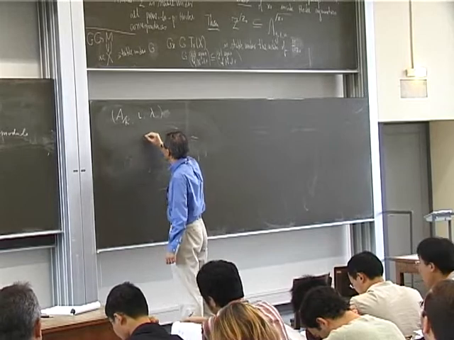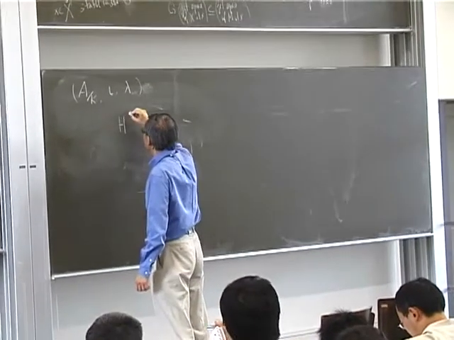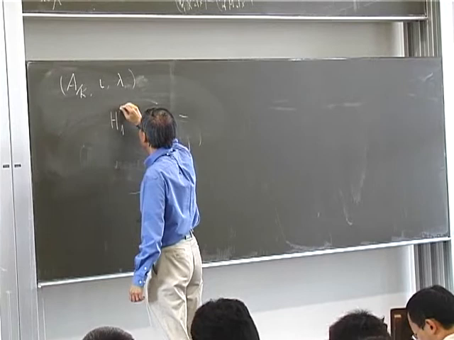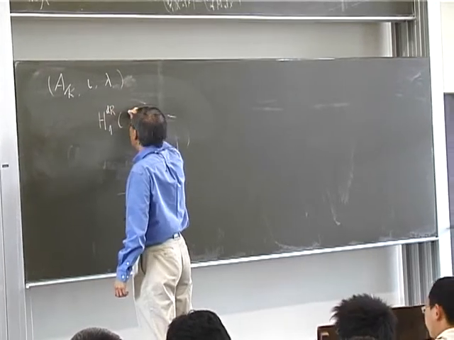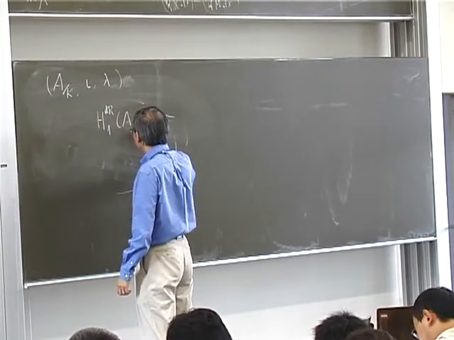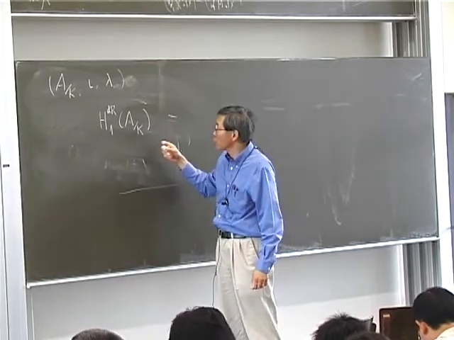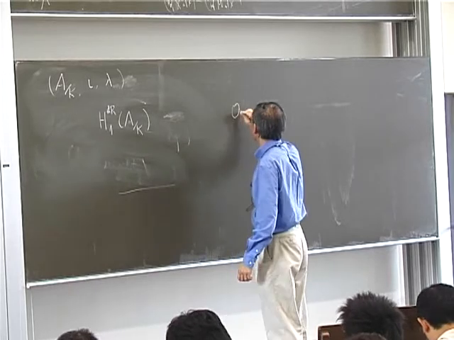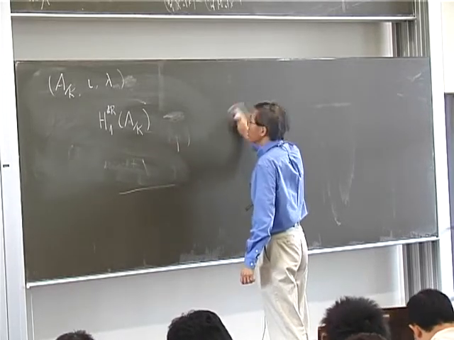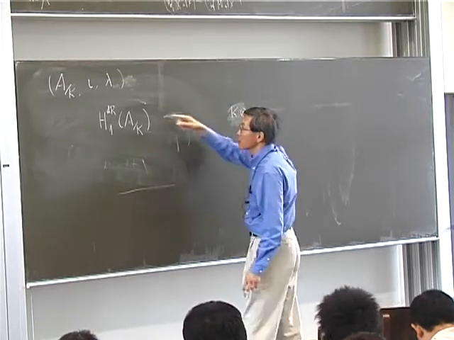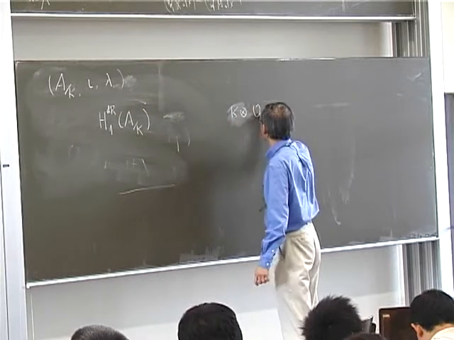Now we can look at the first de Rham homology of A over K. What can we say about it as a module over K, which has characteristic p, tensor O_E?